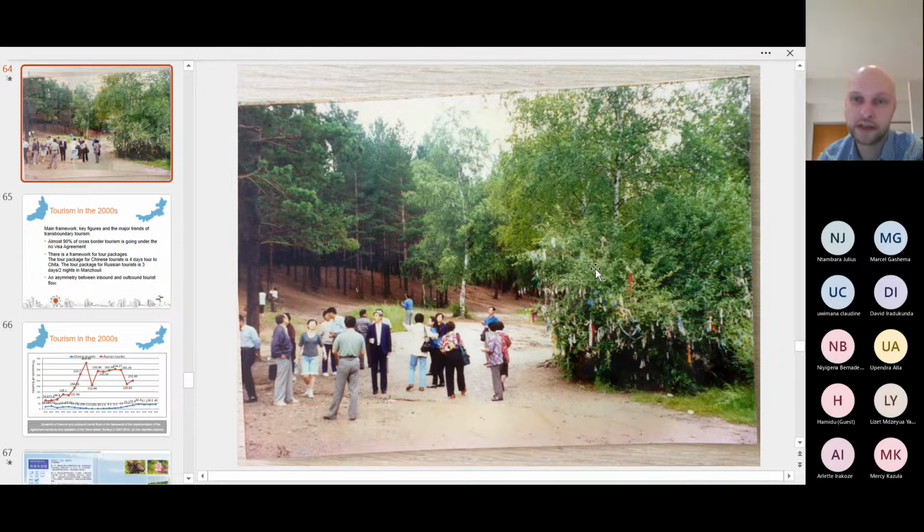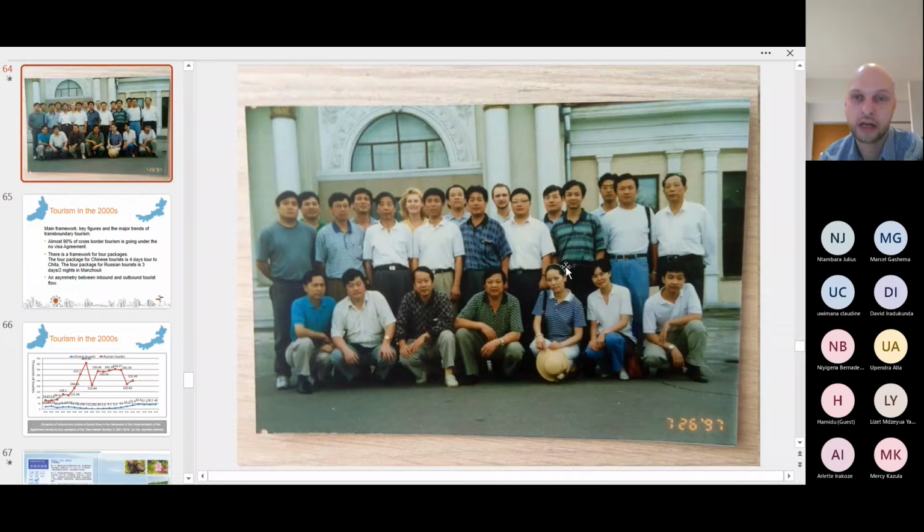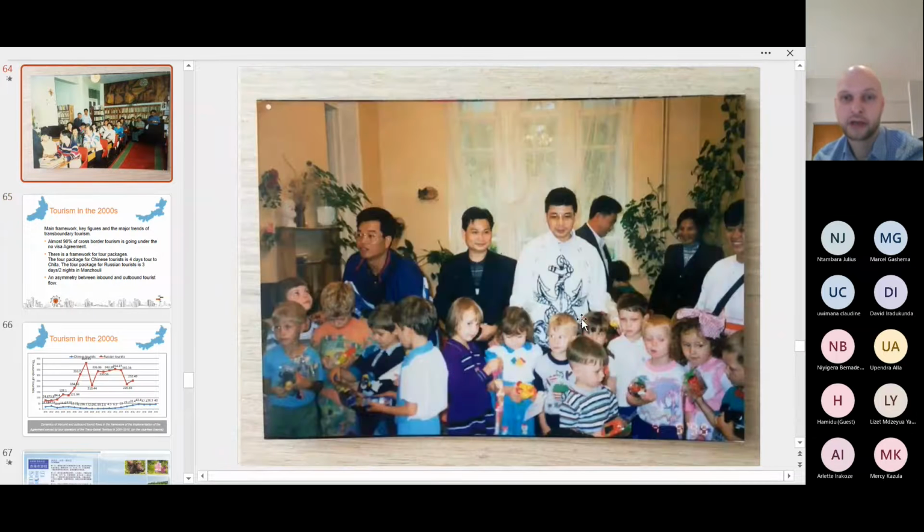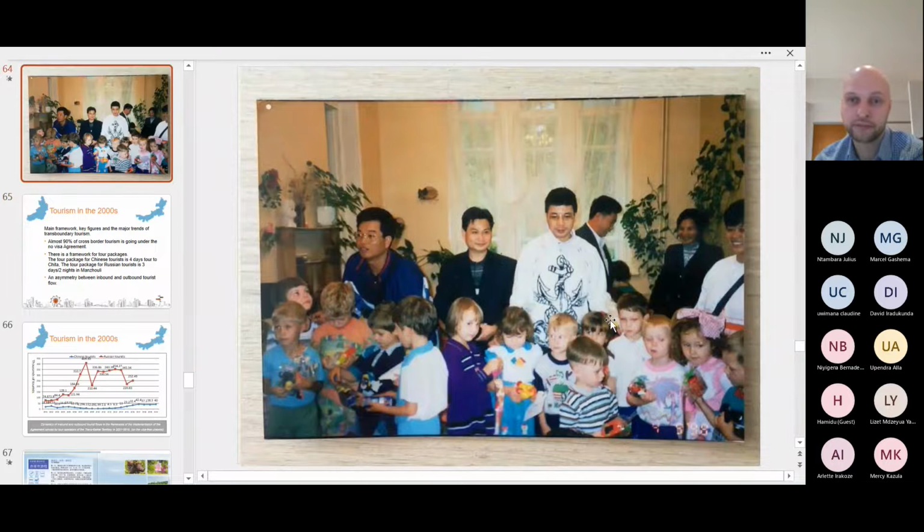So here you can see the traditional customs of the local indigenous people. This picture is dated 1907. Yes, librarians. As I mentioned, Chinese government awarded librarians, teachers, and other employees with trips to Russia. Kindergarten teachers.